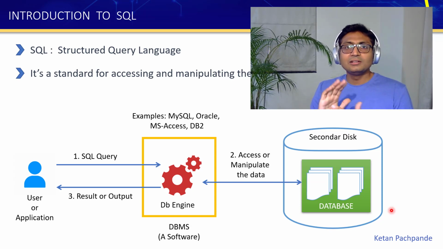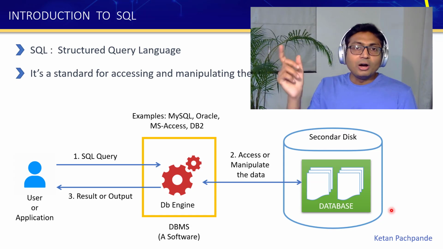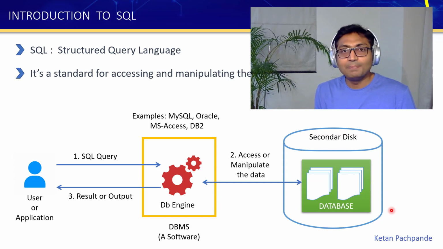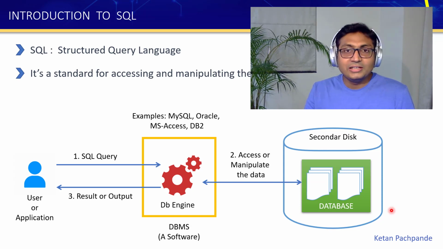Suppose you want to get all the orders you have placed on some e-commerce website. When you go to the orders in your account, it lists the orders that you placed in the past. So where is that data coming from? From the DBMS, eventually from the database, isn't it? So that's the overall understanding.